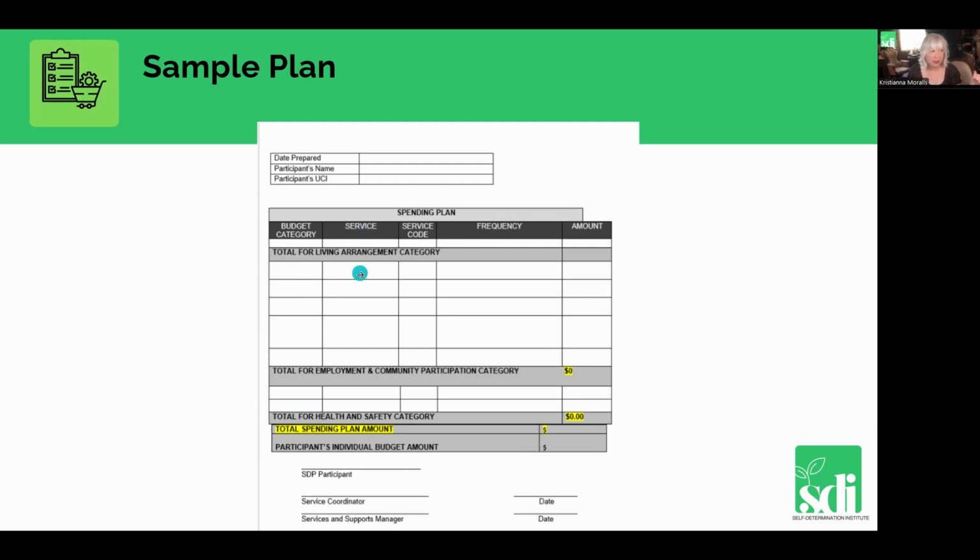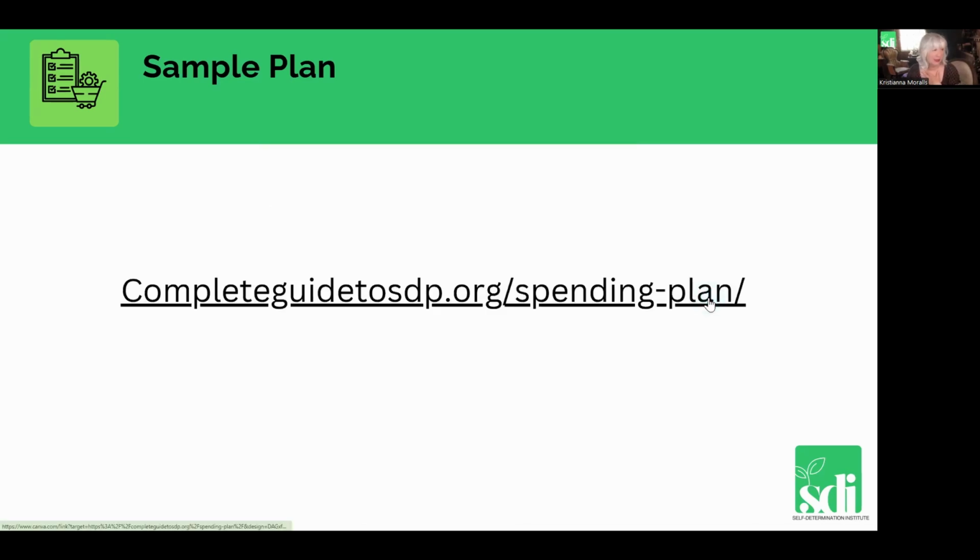So you'll have what the service is, that description, what the service code is, that frequency: 2 times per week for 50 weeks at such and such rate, and then the total amount. So you can do it however you want to get this information to them. Like we said, right now there is not a mandated template.